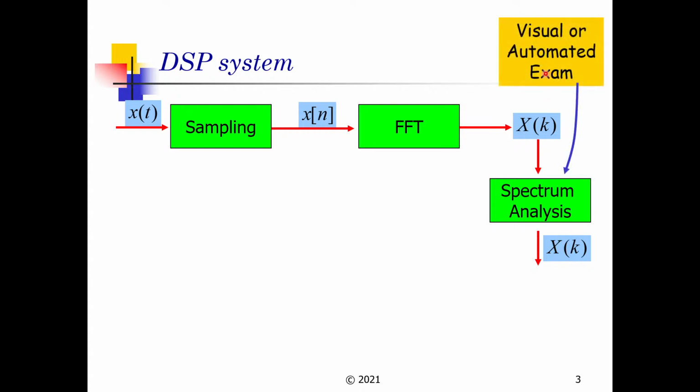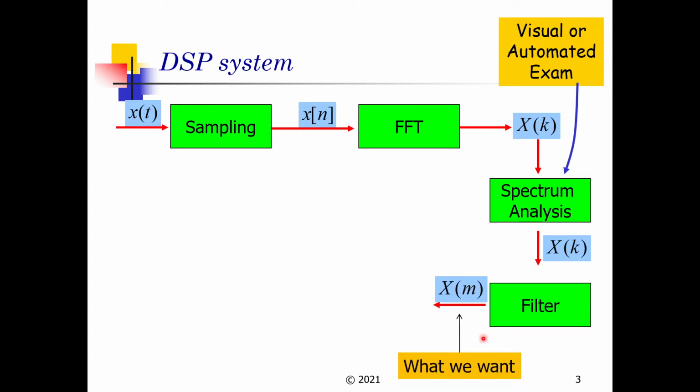This is either done visually or automated, automated meaning a programmatically applied technique for doing spectrum analysis. We then filter the signal to get rid of any unwanted frequencies in particular, and we end up with x of m, which is the signal that we actually want.